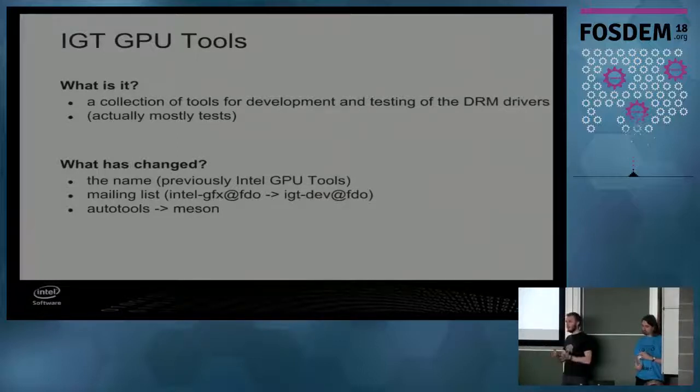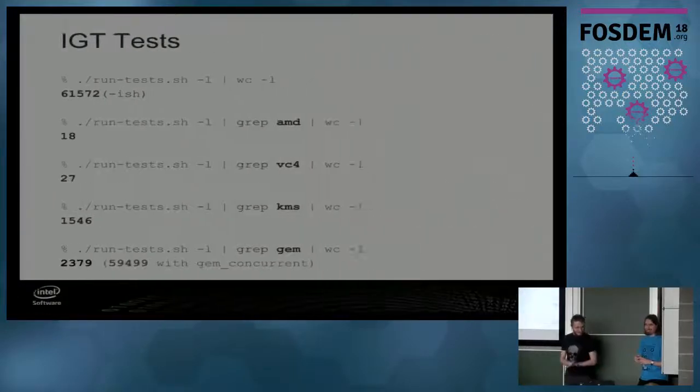We now have a separate vendor-agnostic list for IGT. And we are also starting migration from autotools to the Meson build system because it's much faster and nicer, and it's this new shiny thing all people like to work on. So yeah, let's take a look at what tests we have in IGT. 61,000 tests in total.